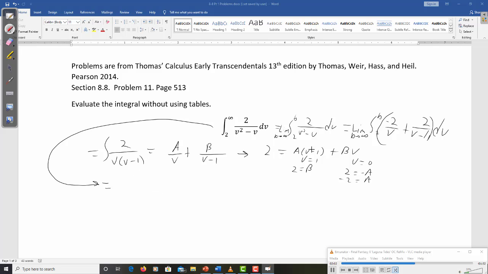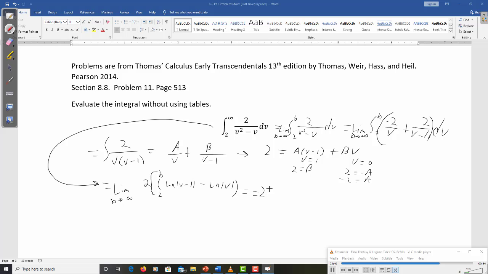So that's going to be reorganizing my terms here. Limit as b goes to infinity of 2. Might as well factor out that 2. 2 natural log of |v minus 1| minus natural log of v, from 2 to b.